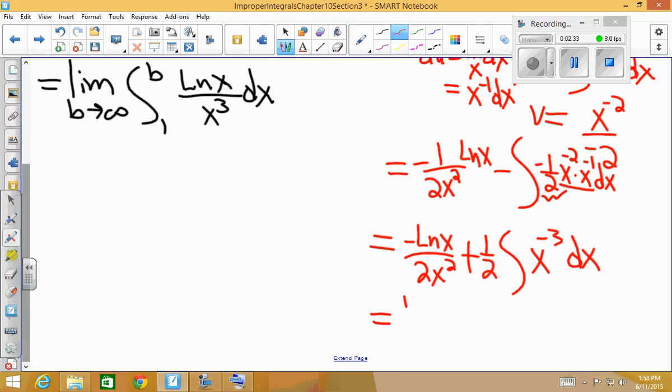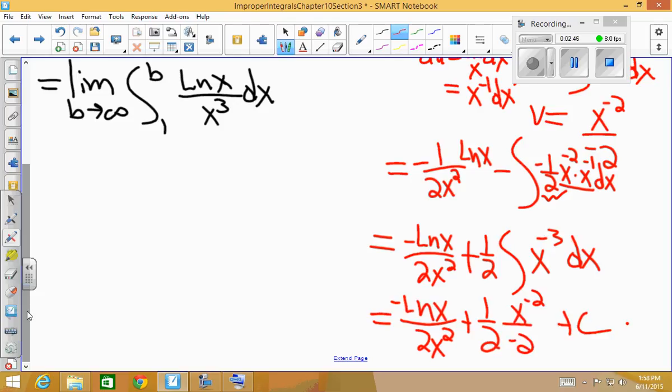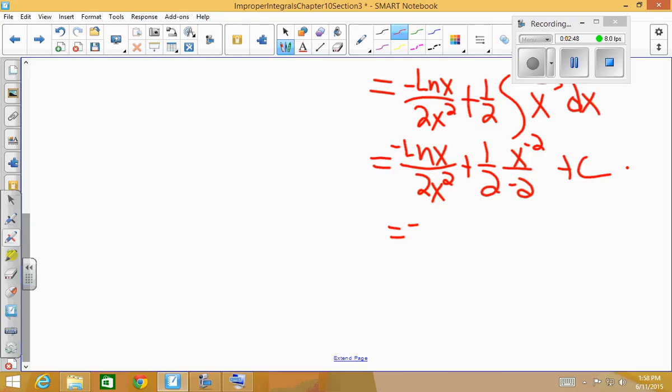Integrating that, we have 1/2 x to the negative 2 divided by negative 2. Negative natural log of x over 2x squared minus 1 over 4x squared plus c. So there's our antiderivative.